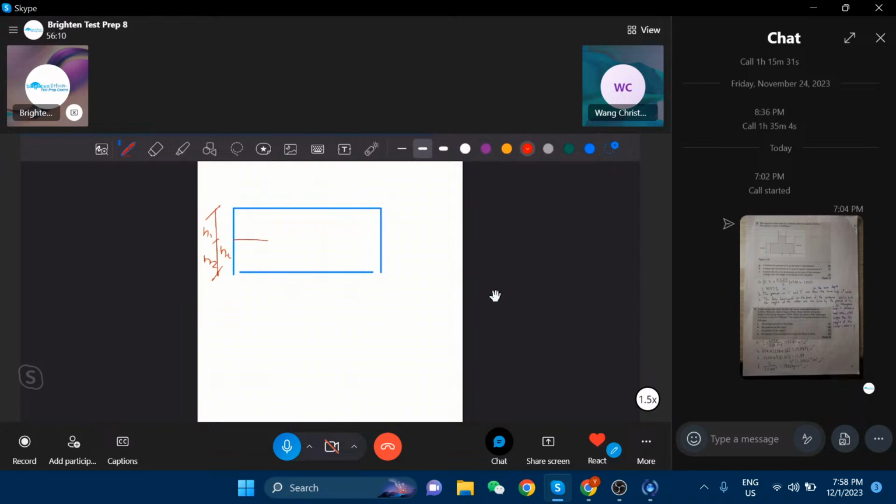So if I'm at that depth, then what height is relevant to calculate my pressure? I'm here. So what is relevant for the pressure at any of these points?